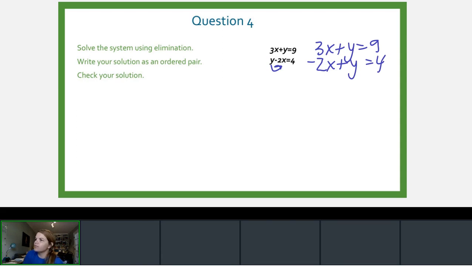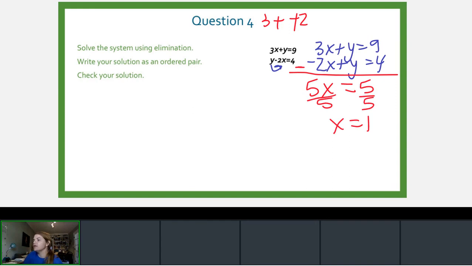I have a positive y and a positive y, so that means I'm going to subtract everything. So I'm going to have 3 minus negative 2, and when you minus a negative, it's actually adding. So I get 5x equals 9 minus 4, which is 5. Divide everything by 5. So my x is going to be 1.